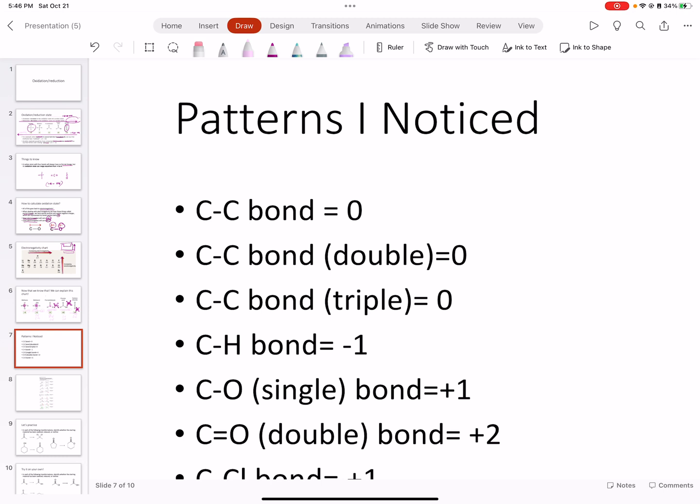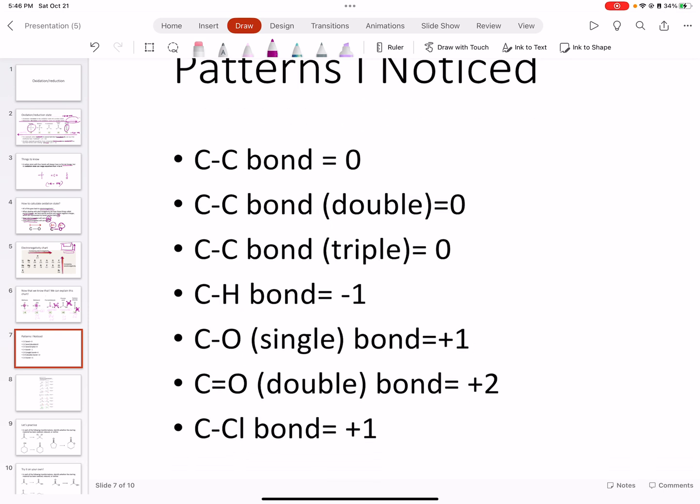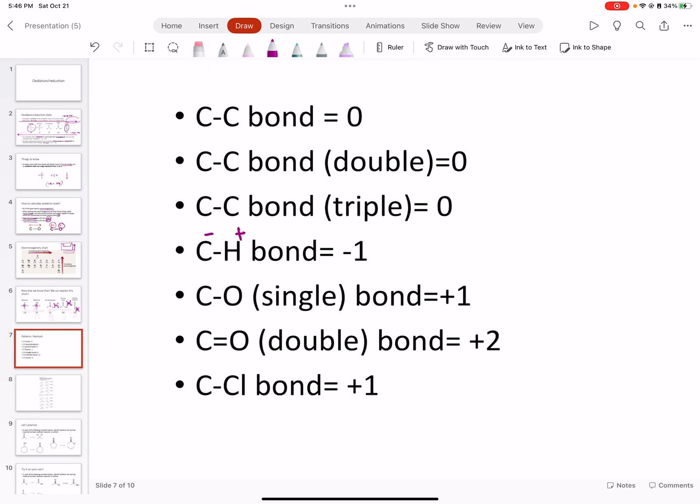Even carbon double bonds, nothing. Carbon triple bonds, nothing. Carbon-hydrogen, we can explain that already. Like we said, carbon is more electronegative, so it's gonna carry a negative charge, where hydrogen is less electronegative, so it's gonna carry a positive charge.